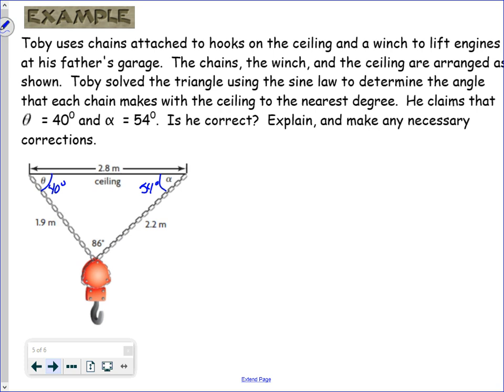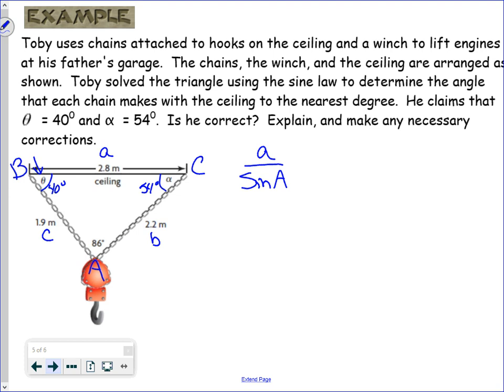So on this one here, we're going to start by checking angle theta. Okay, I'm just going to label this triangle A, B, and C. So we'll have side A as 2.8, side B is 2.2, and C will be 1.9. So I'm going to use A over sine A because we have all of that information.